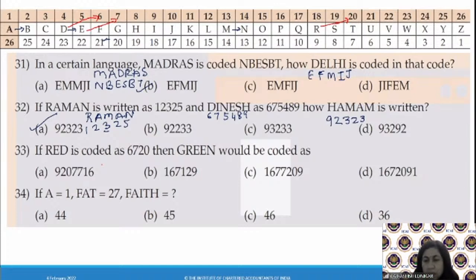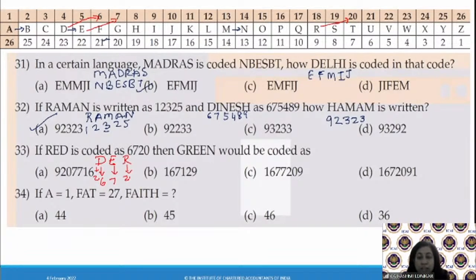This means I should write the word as D, E, R. I have to flip the alphabets first and then use this. Instead of D, I have got 6, which is plus 2. D is 4, 4 plus 2. E is 5, 5 plus 2, 7. R is 18, 18 plus 2, 20.